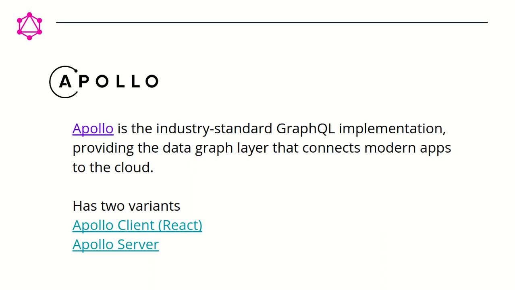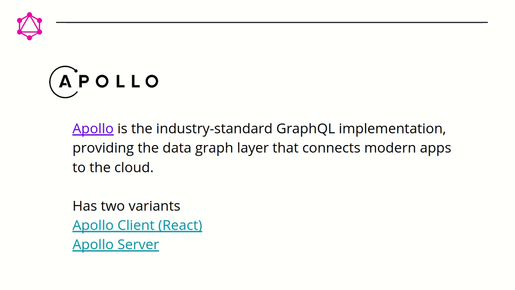So the first is Apollo. This one is a very good one. Apollo is the industry standard GraphQL implementation, providing the data graph layer that connects modern apps to the cloud. As I mentioned earlier, GraphQL was just a specification created by Facebook.